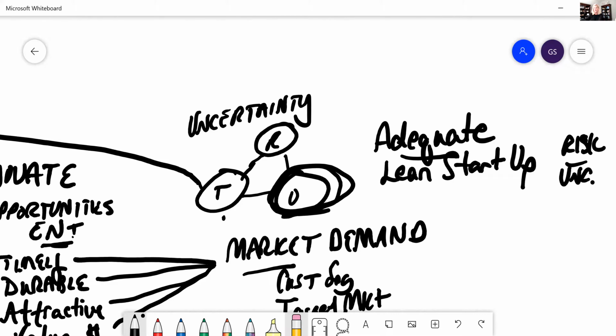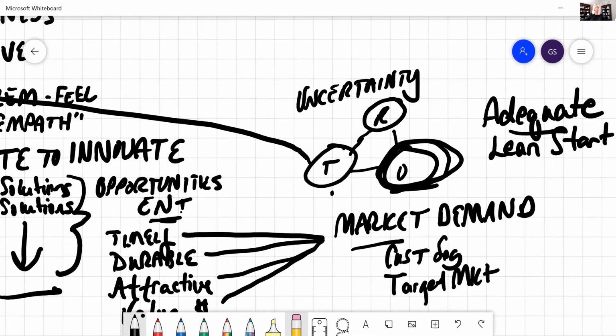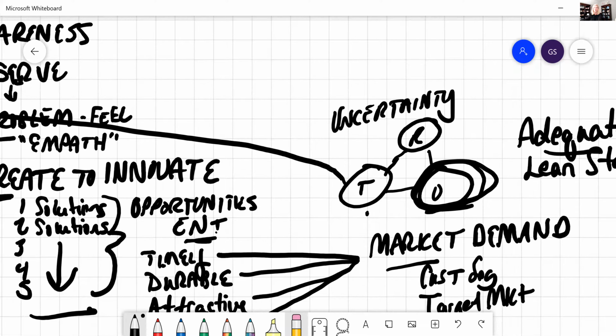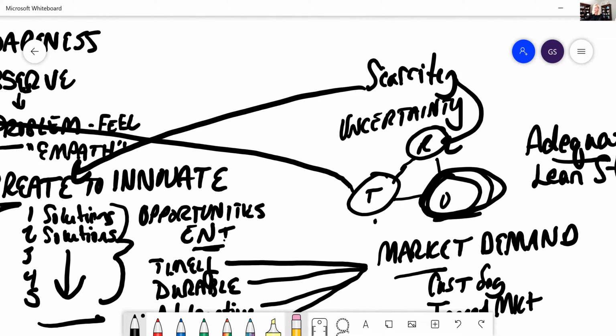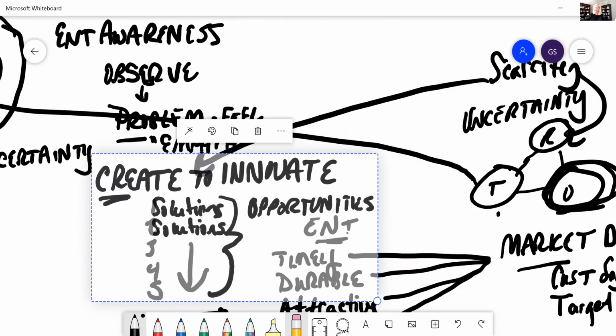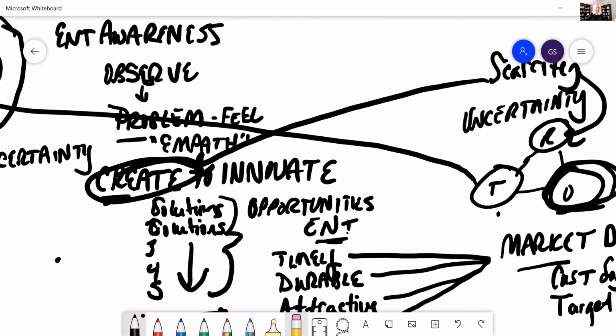But to take this a little bit further and to think about adequate resources as it pertains to creativity or this class, there's a lot of research out there that tells us that if you have a scarcity of resources, then you tend to be much more creative when trying to solve problems.